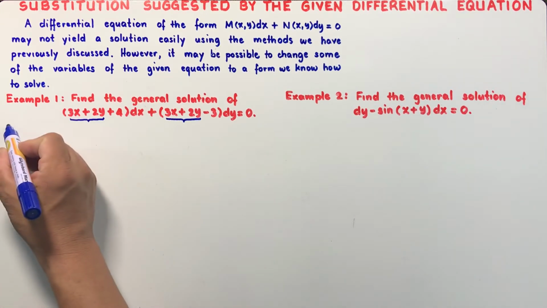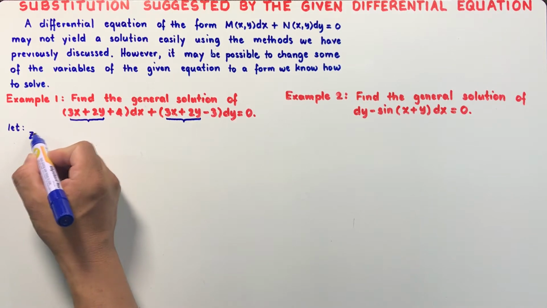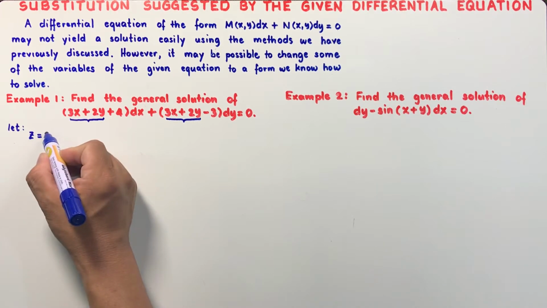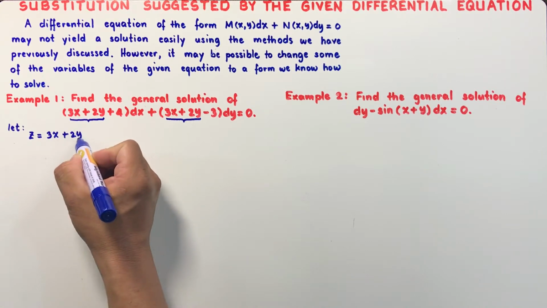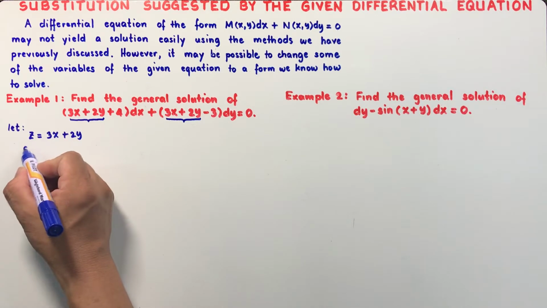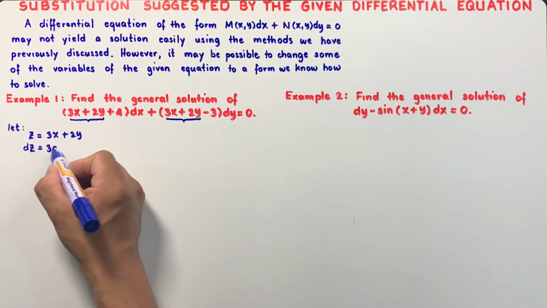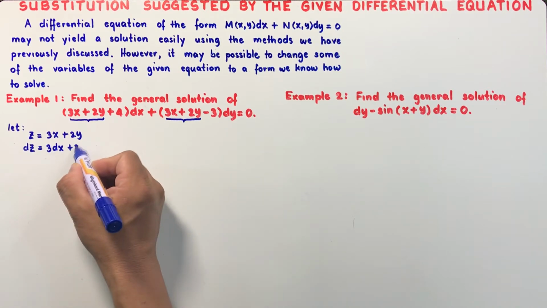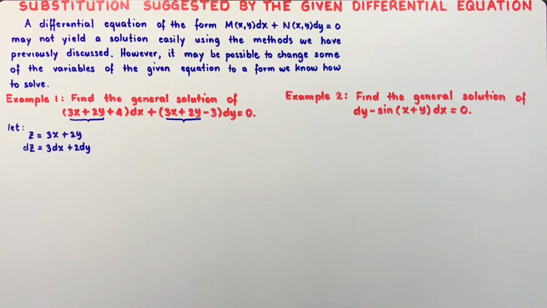Let us use a variable z, the representation of 3x plus 2y. If we find the differential of z, this is equal to 3 dx plus 2 dy, taking the derivative implicitly.